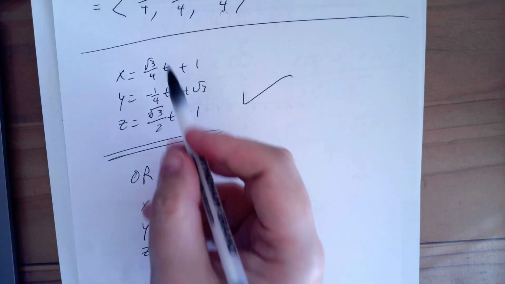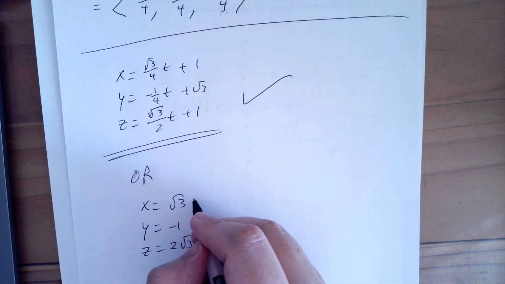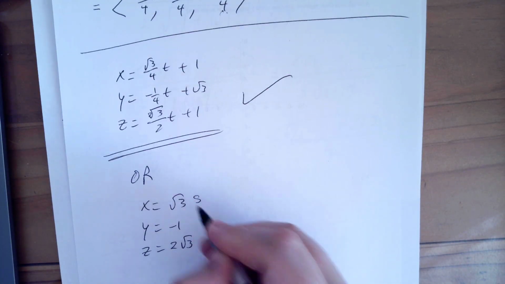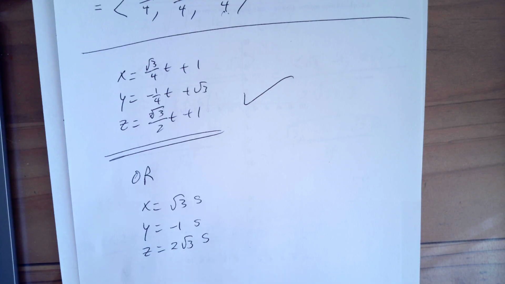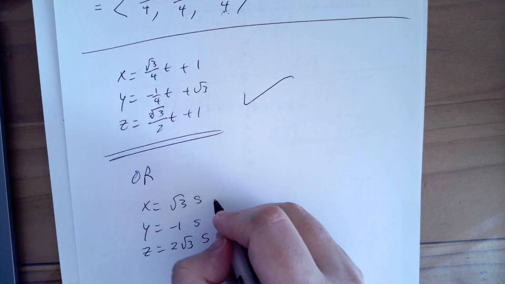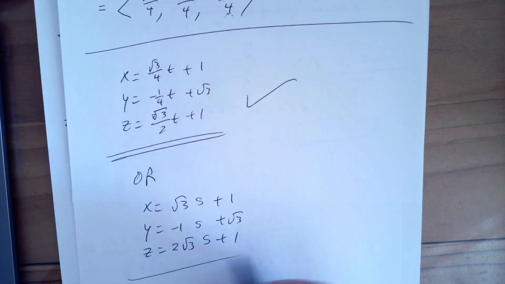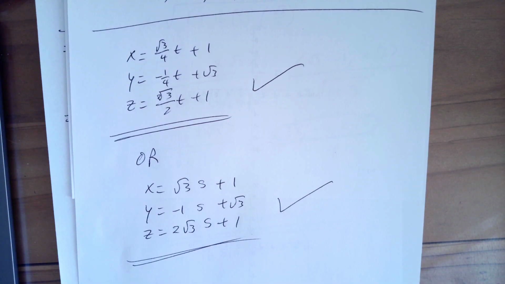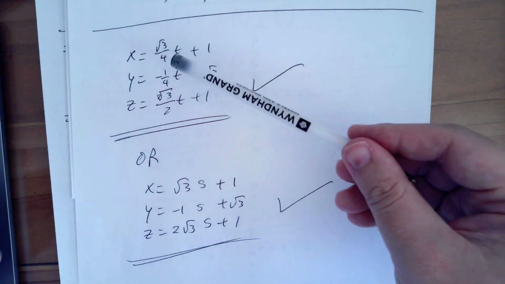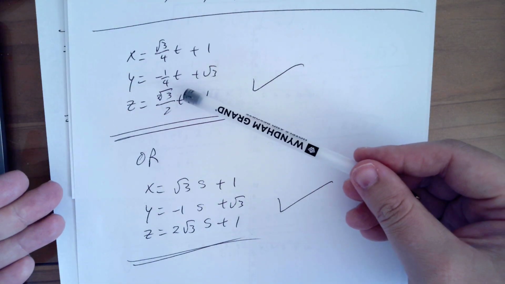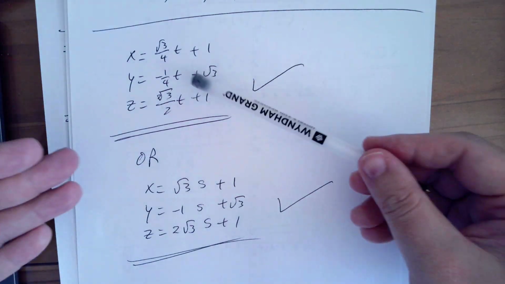And just to give this a distinction, maybe we can use another parameter, maybe call it s or t sub 1 if you like, and then put in the point: plus 1, plus square root of 3, plus 1. This would also be another acceptable answer, because one of them deals with the simplified version with the scalar multiple, but the other one doesn't.